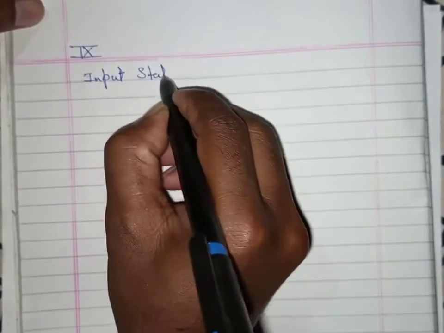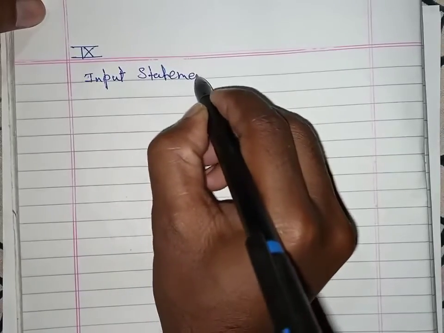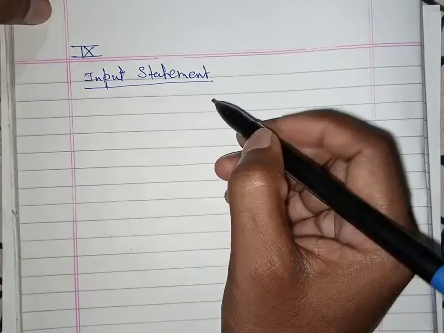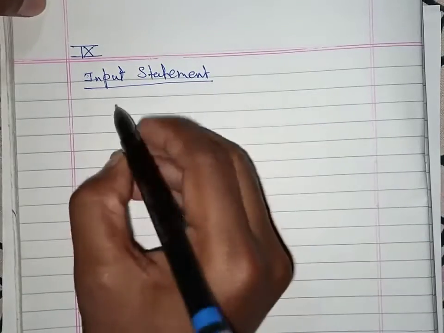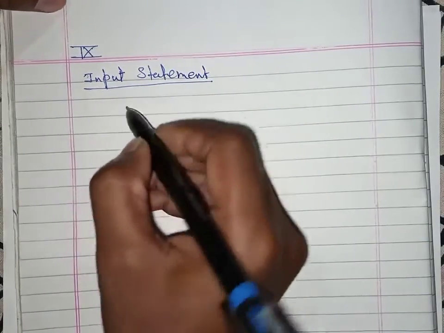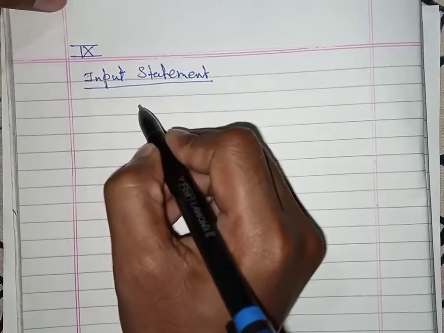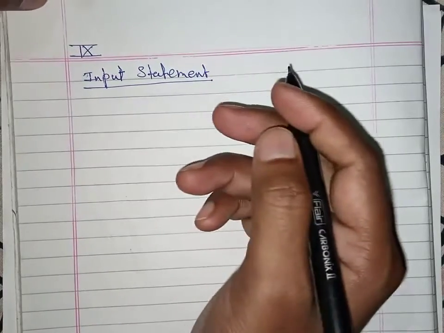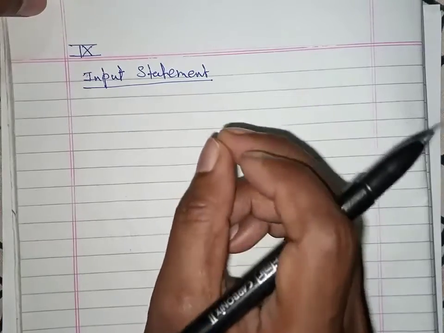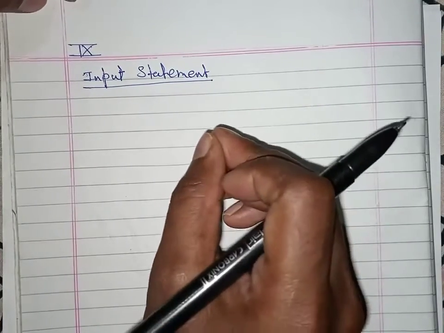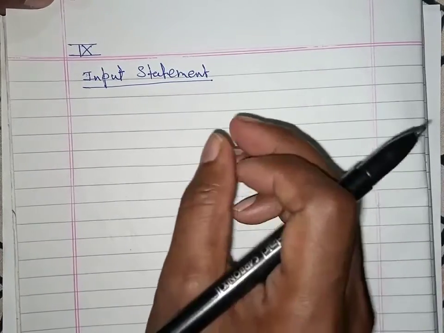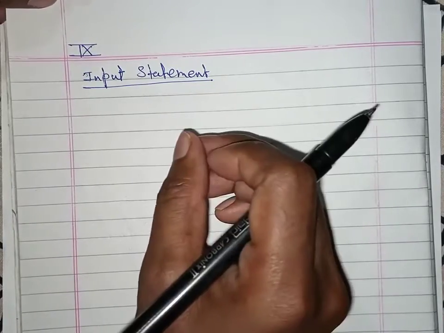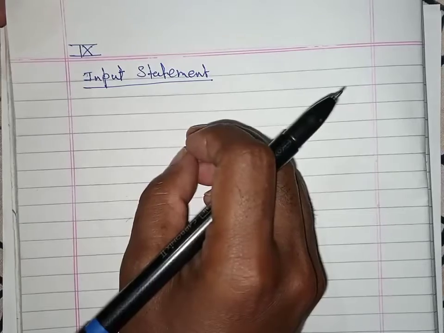Input statement. If we are talking about the input statement, it means the statement, listen carefully and write this down, that is used to input a value into the computer or into the program.